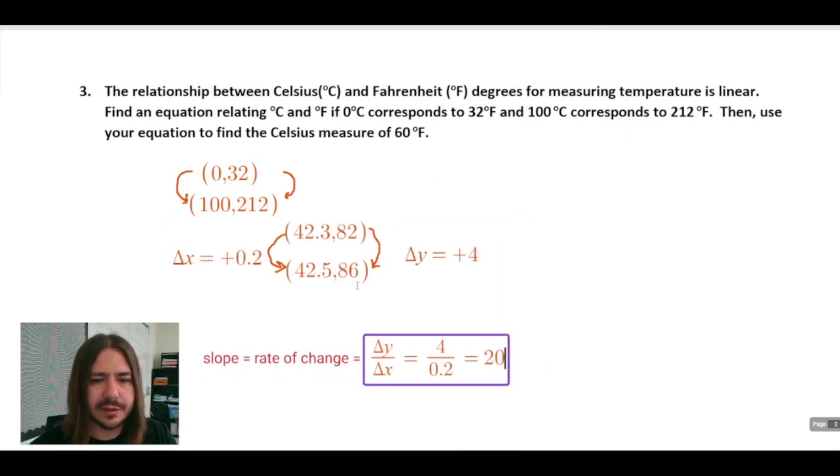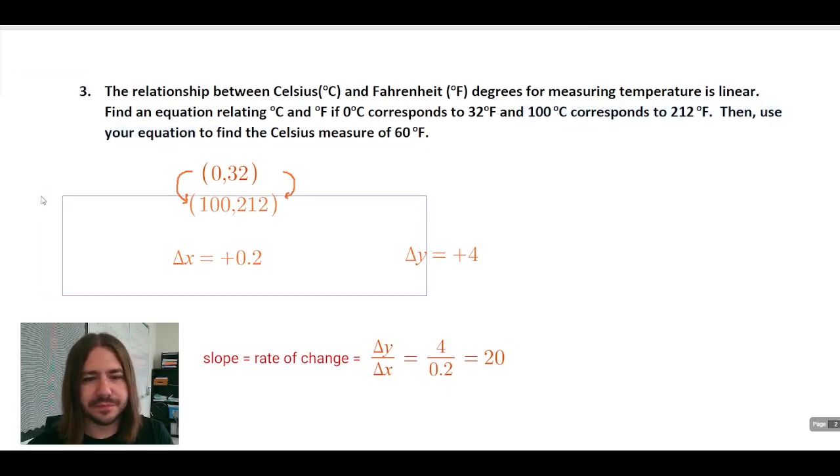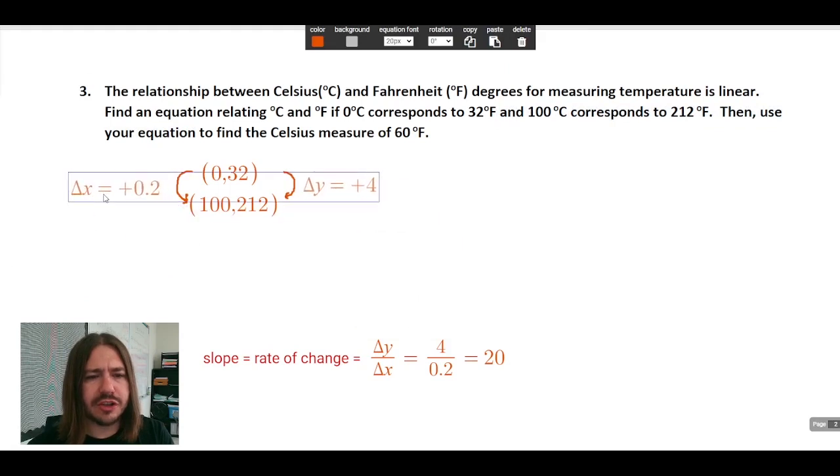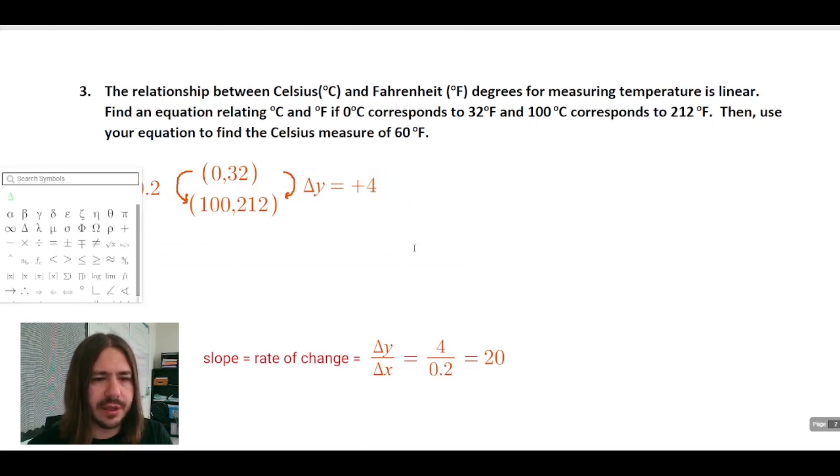Okay, so my change in y from 32 to 212, and you can just subtract this if you'd like. 212 minus 32, that's going to be 180. And then going from 0 to 100, well, you just have to add 100. That one's a little bit more obvious.